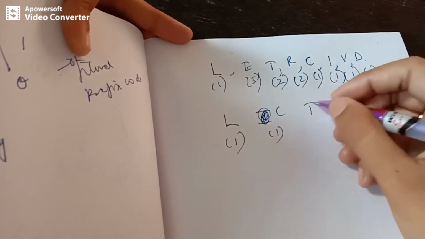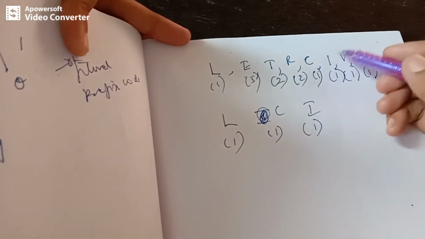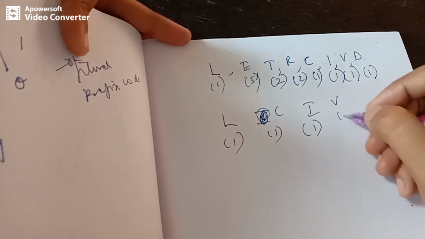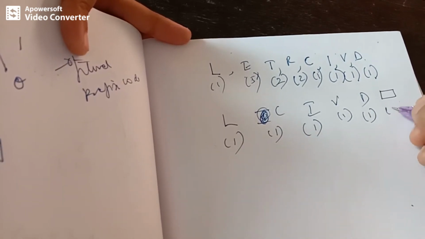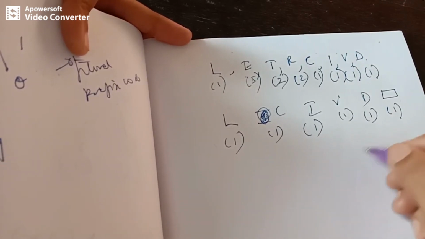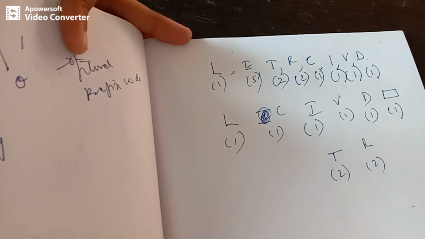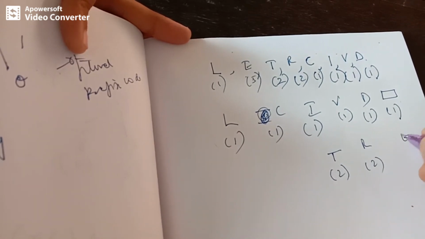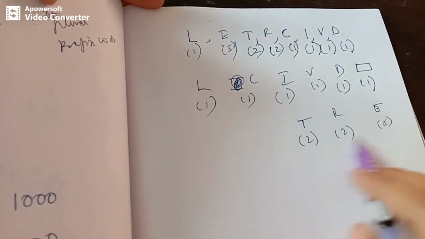So let's say I arrange this: L, C, I, V, D. Then you have got space. You remember space has one frequency. Then T is repeated twice, R is repeated twice. Then E is repeated 5 times. So this is the order. I have arranged this in order now.